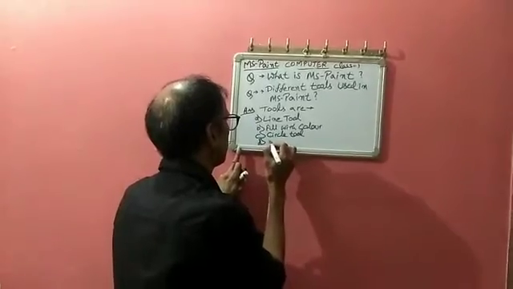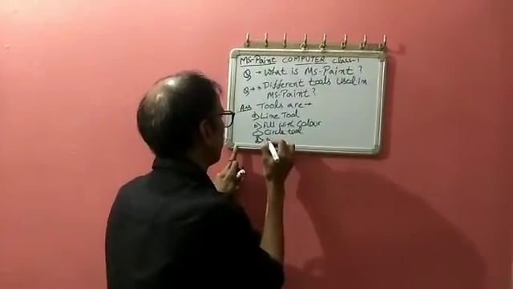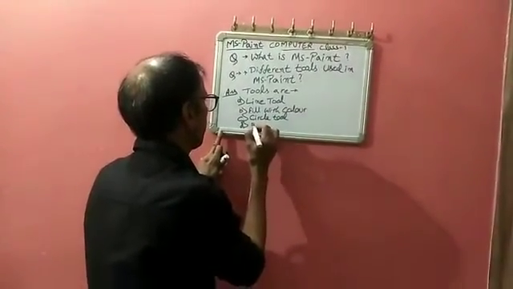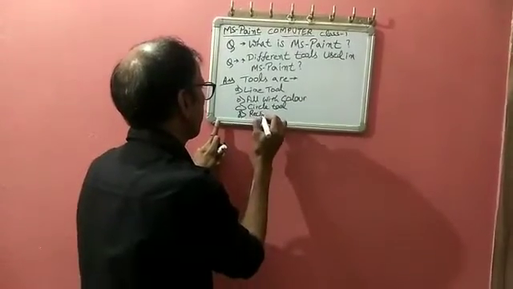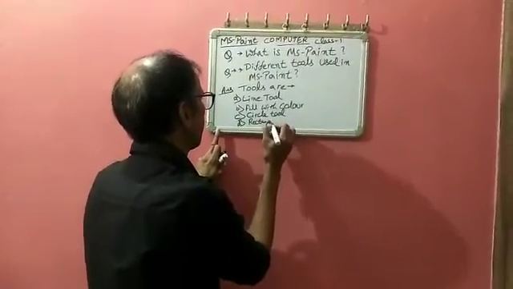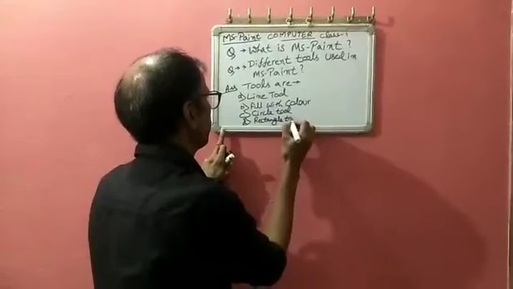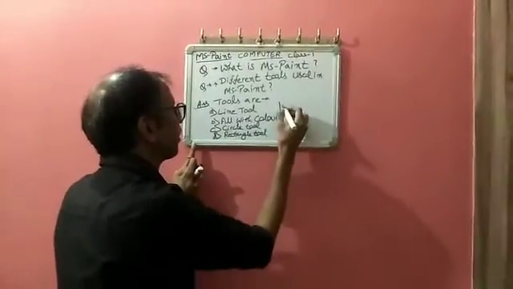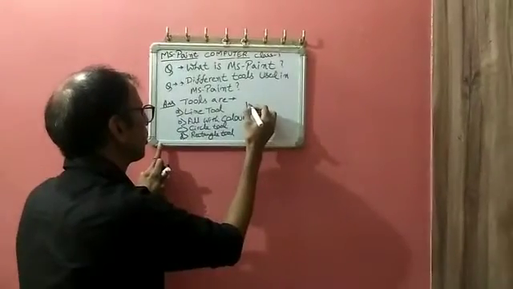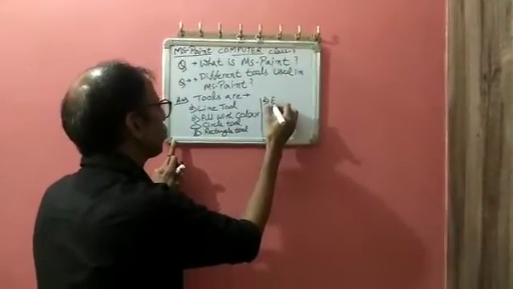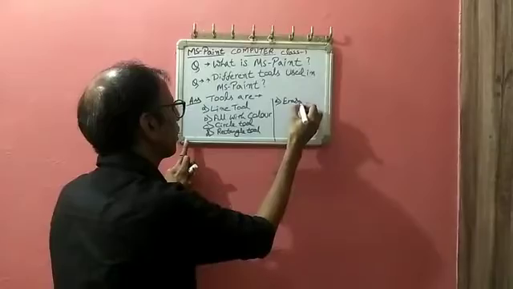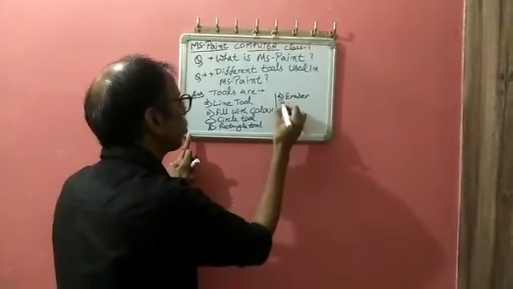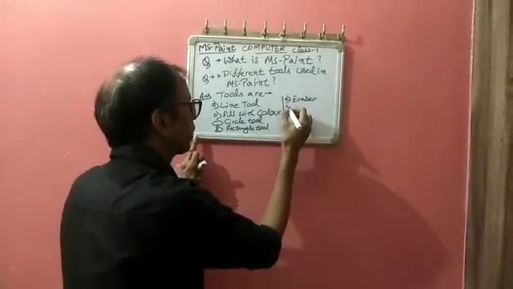Next one is the rectangle tool. Using this tool, you draw a rectangle. Next is the eraser tool. Using this tool, we erase our pictures.